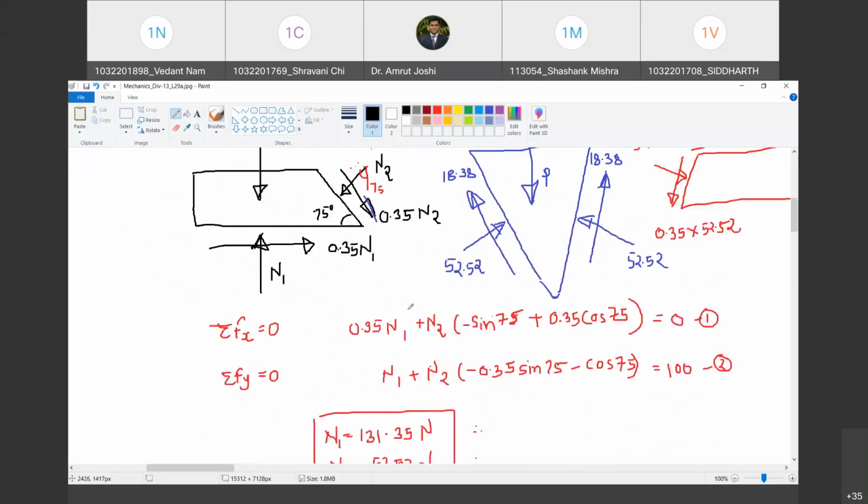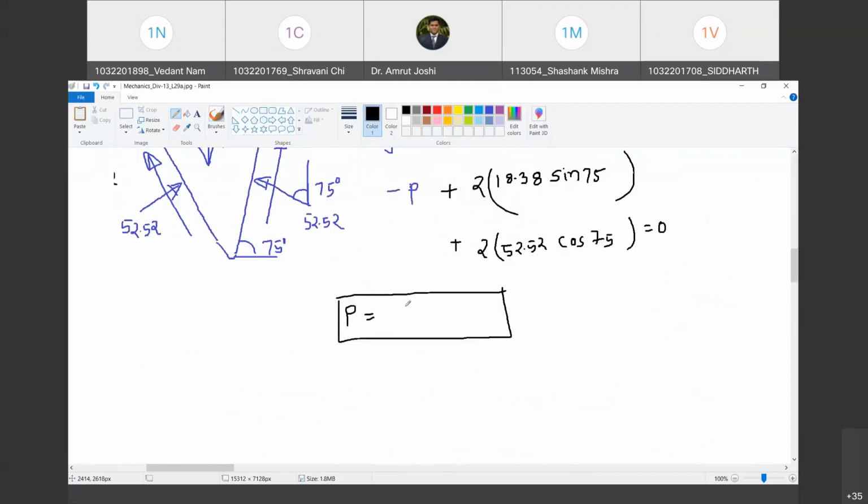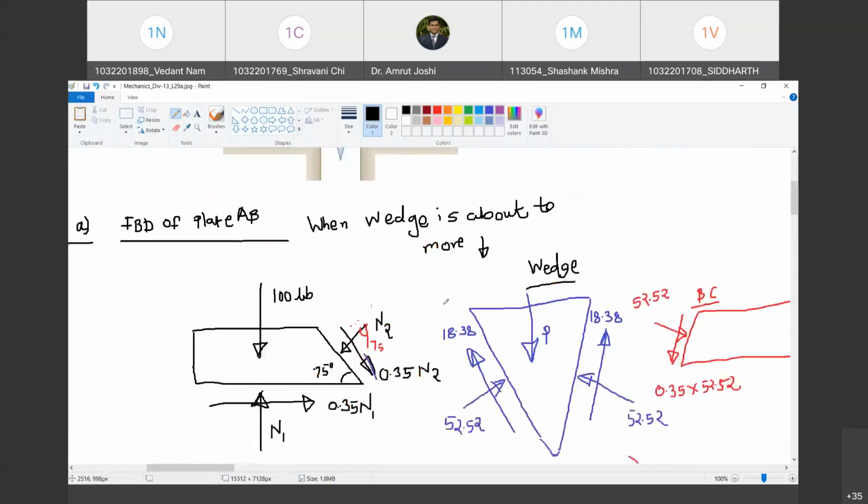Sir, it's 62.69. 62.69 Newton. Newton ही है ना?